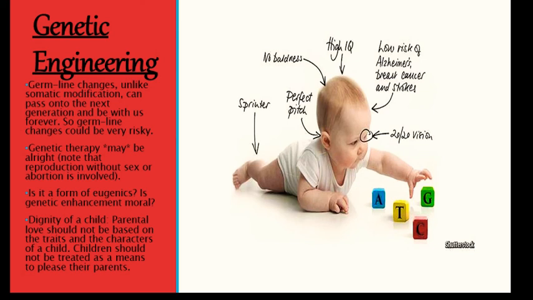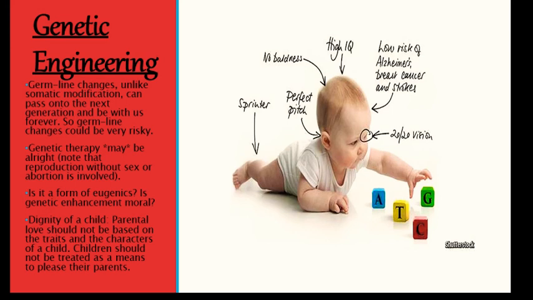Germline changes could be very risky, but every picture has its other side. Genetic therapy may be all right, as no reproduction without sex or abortion is involved. Is it a form of eugenics? This is the basic question: is genetic testing a form of eugenics or not? Is genetic enhancement moral or not?